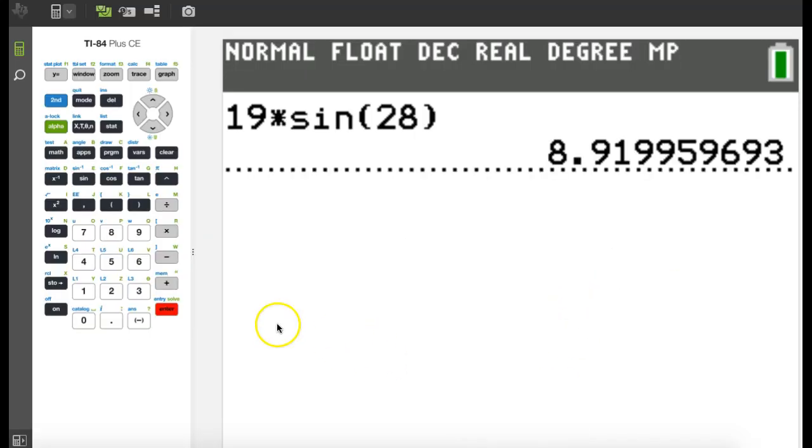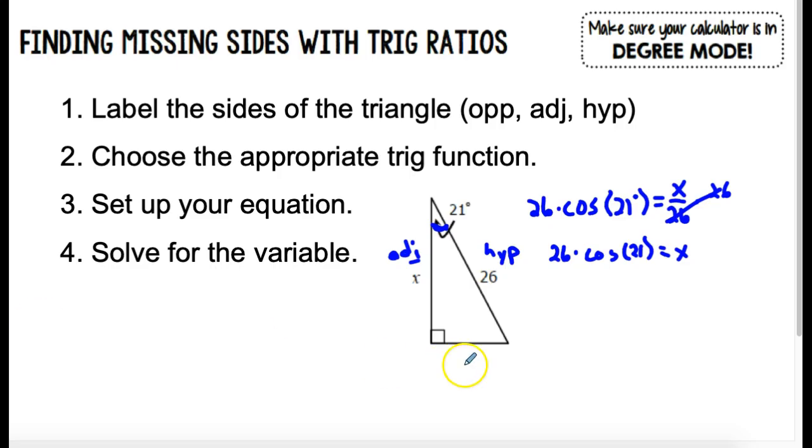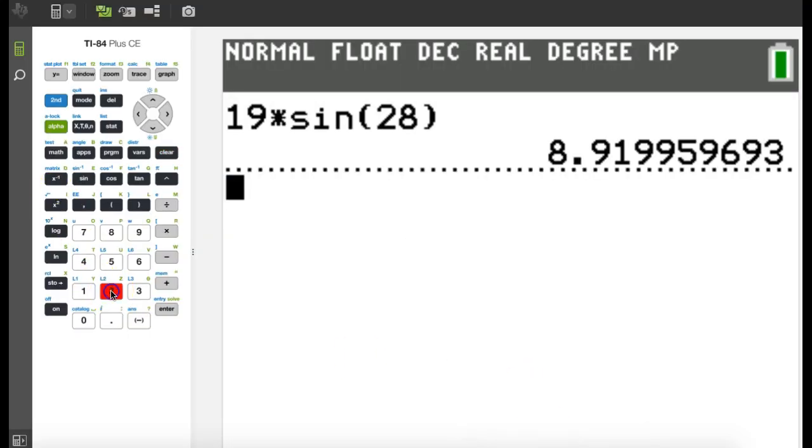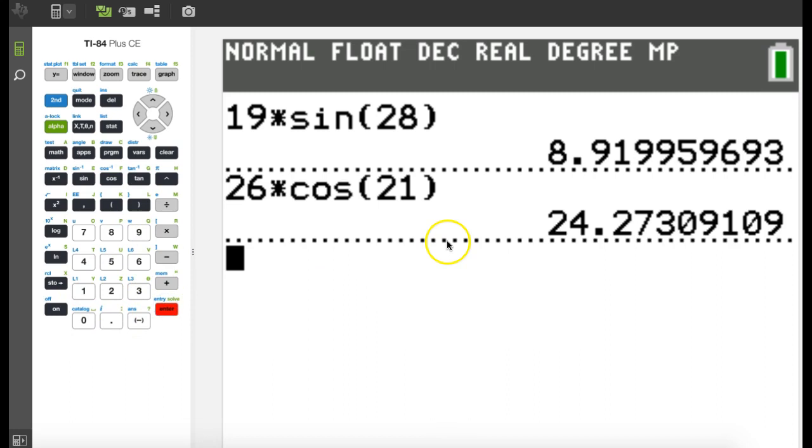So 26 times the cosine of 21. Oops, I did that backwards, didn't I? No, I didn't. 26 times the cosine of 21, and we get 24.27.